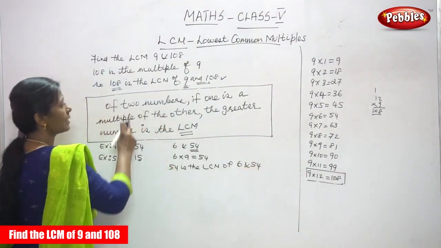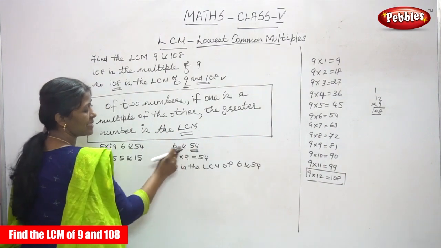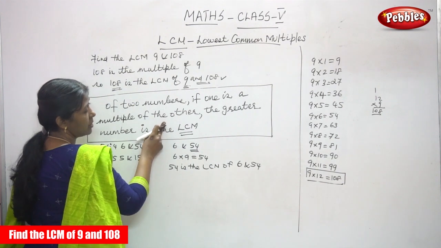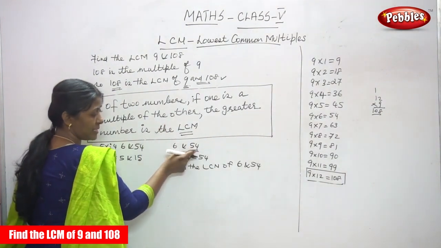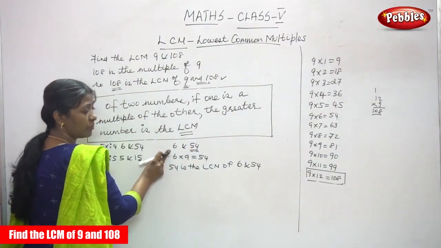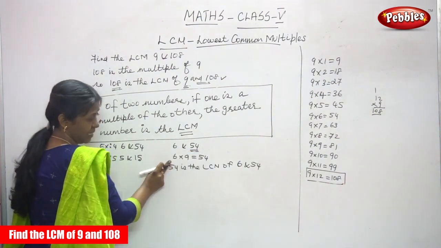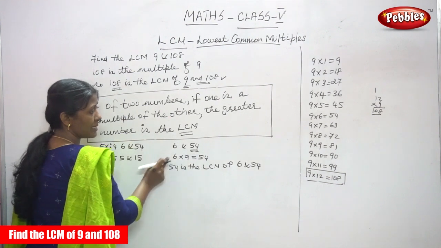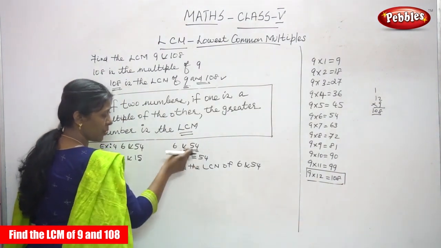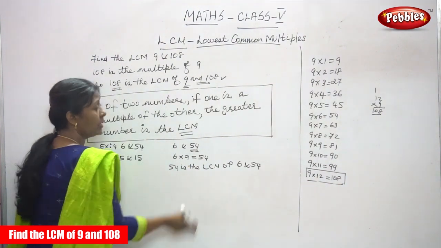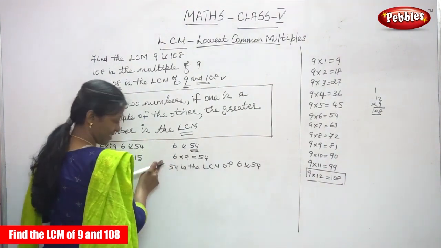I'll repeat, of two numbers, what are the two numbers? 6 and 54. If one is a multiple of the other, 54 is a multiple of 6.